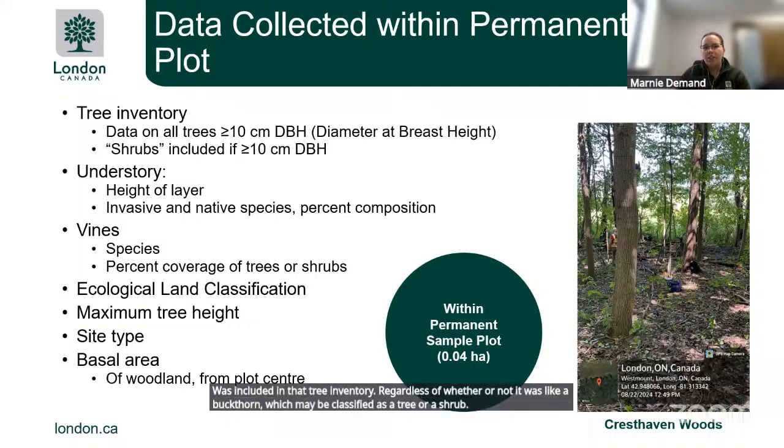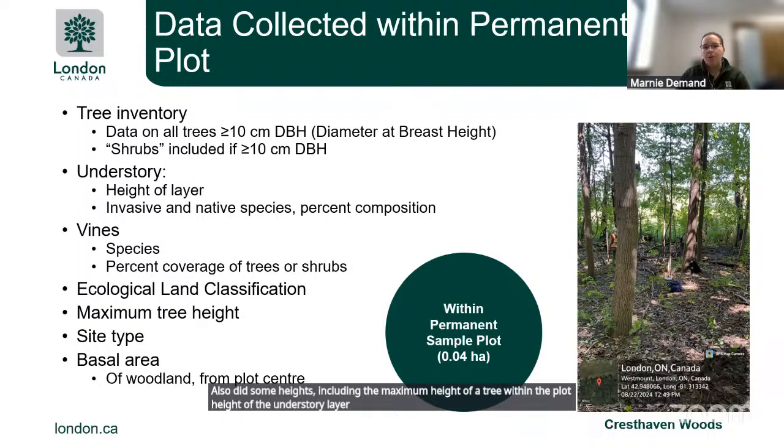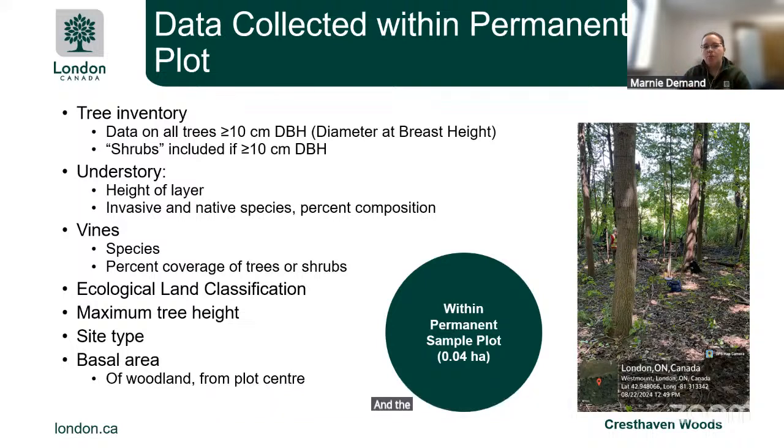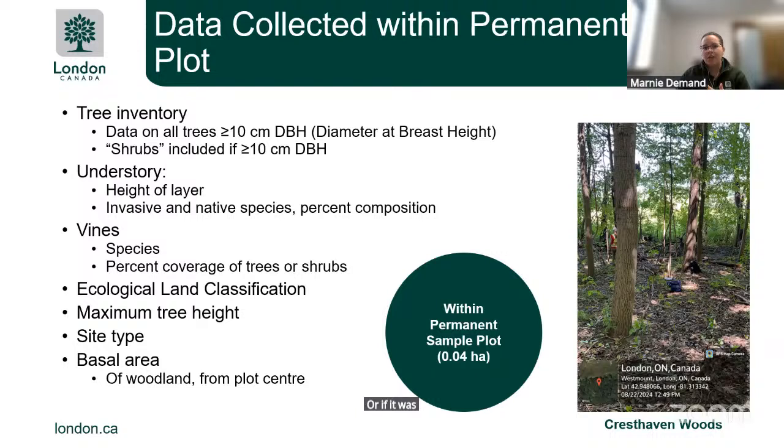I also did some heights, including the maximum height of a tree within the plot, height of the understory layer, the amount of the plot vegetation at the understory or canopy level that was covered by vines, and the species, and then the site type, which was a description, for example, if it was a woodland in the middle of the woodland or an edge, or if it was a park type habitat. So that was a description of the site, which fell into several categories.